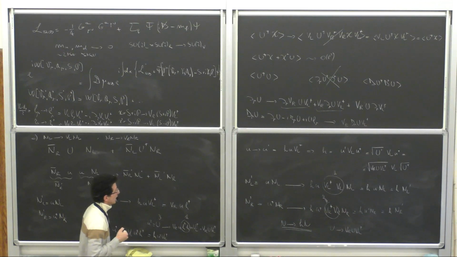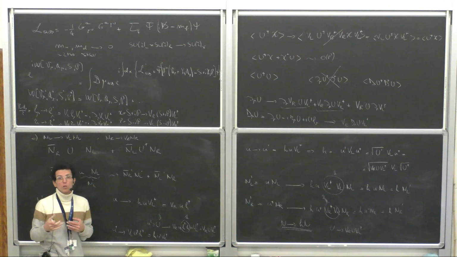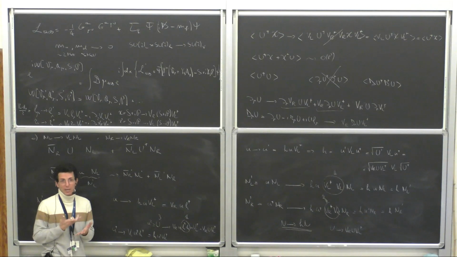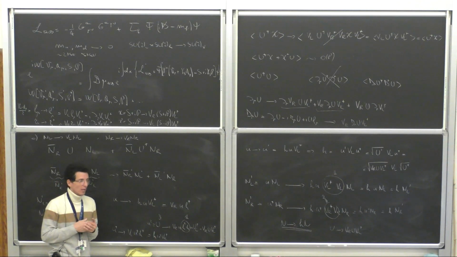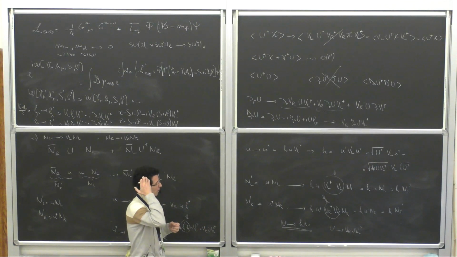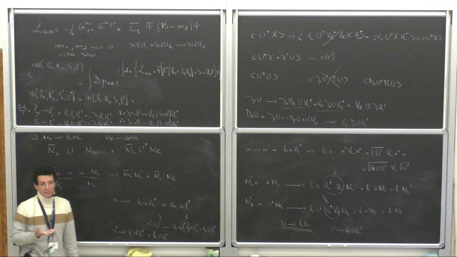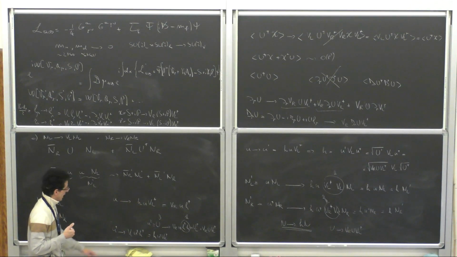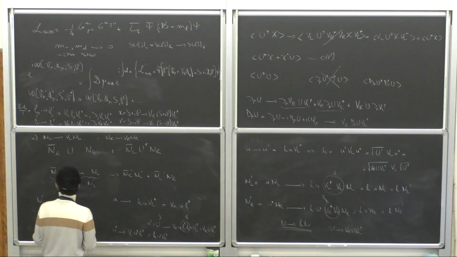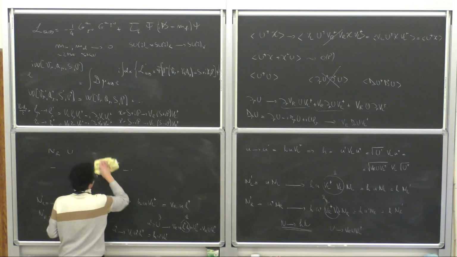And so we have disposed of the non-derivative pion interaction in this case, but we can have derivative interactions. Let's see what type of derivative interactions. Let me erase this thing.